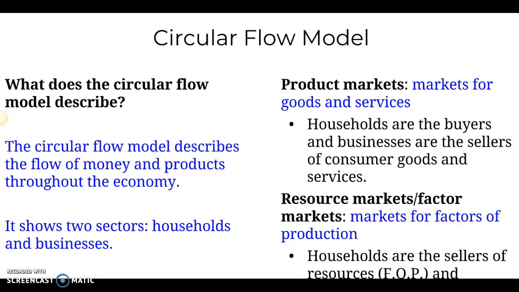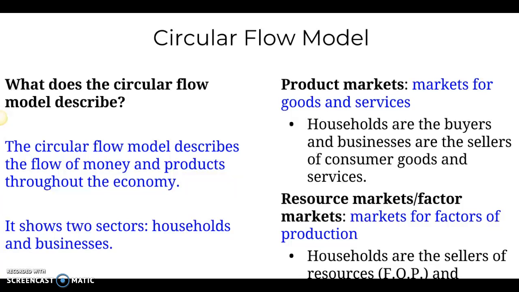Resource markets. That's the markets where the factors of production are pretty much bought and sold and traded. In this market, the households, me and you, are the sellers of our resources. Remember, in our economy, we have a free market economy, capitalism.